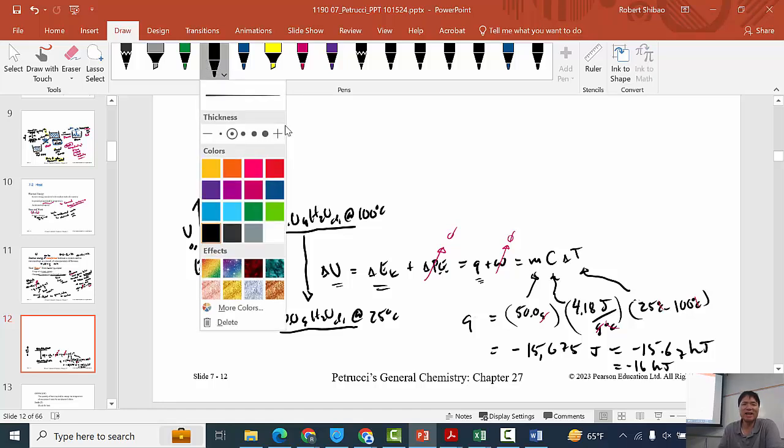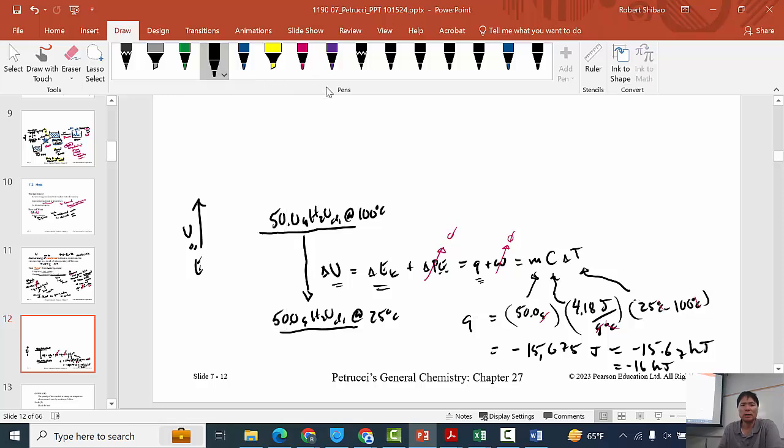All right, what happens if we add energy to liquid water at 100 degrees C? When we add it, it's increasing energy here. And so we're going to end up with, do you know what we're going to end up with? 50.0 grams of H2O gas.